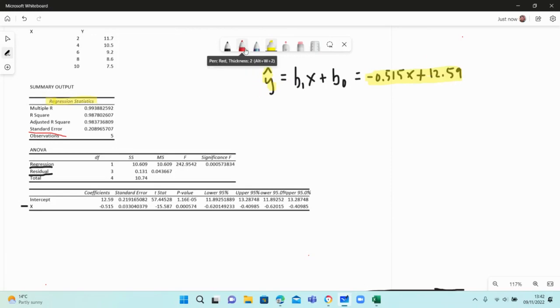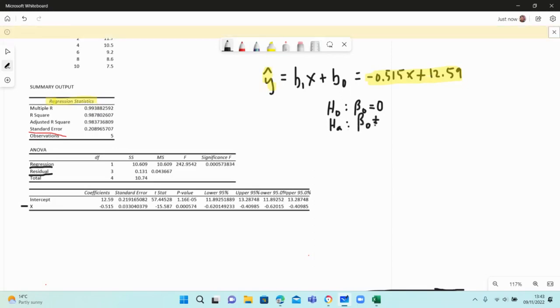The other columns that are included here are also quite important. It is quite important to bear in mind that when you are considering each row here in the third part of the ANOVA, then what you're actually doing is hypothesis testing. So for the first row corresponding to the intercept, the null hypothesis is beta naught is equal to 0, while the alternative hypothesis is beta naught is not equal to 0.